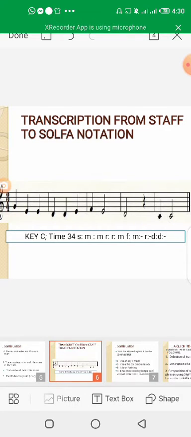That's the first bar. 1, 2, 3. That's the second bar. 1 crotchet and 1 minim. That's the third bar. 1 minim and 1 crotchet rest. That's the fourth bar. 1 crotchet and 1 minim. That is the fifth bar.